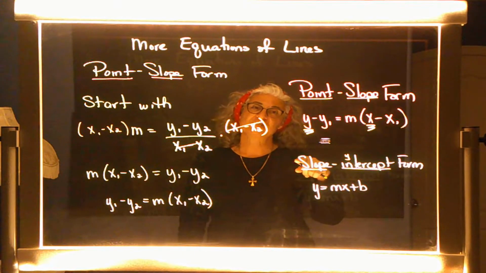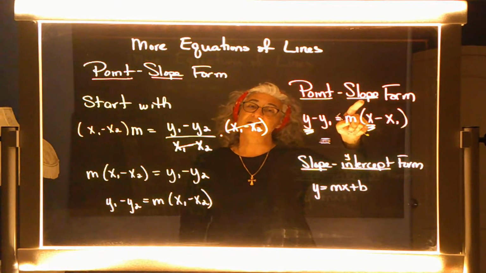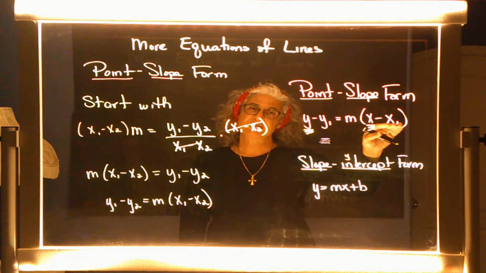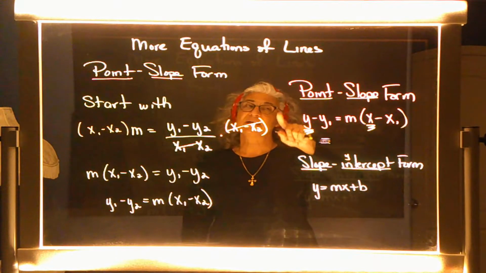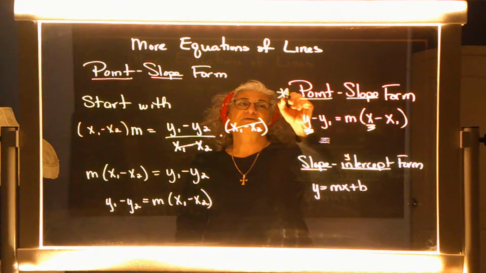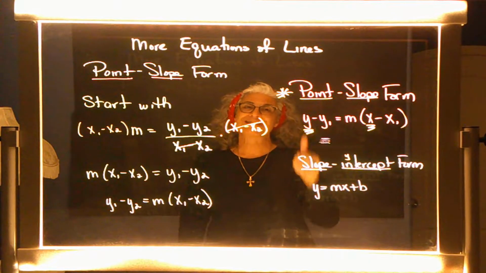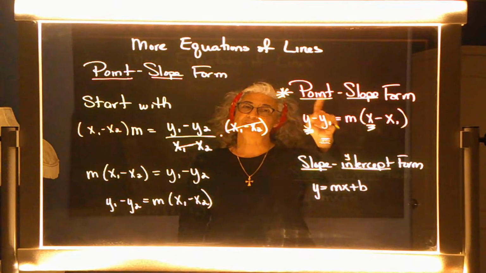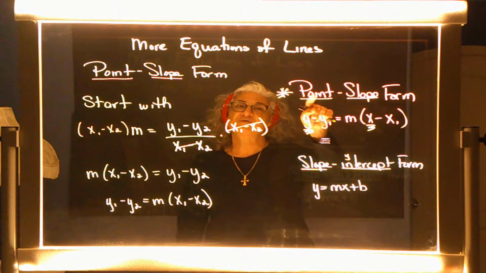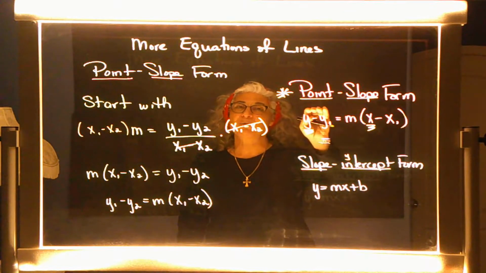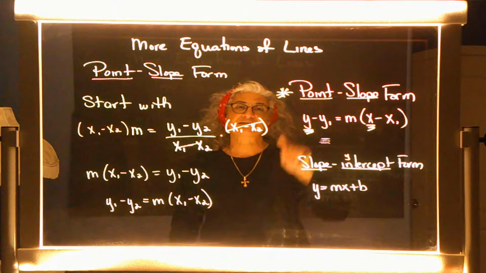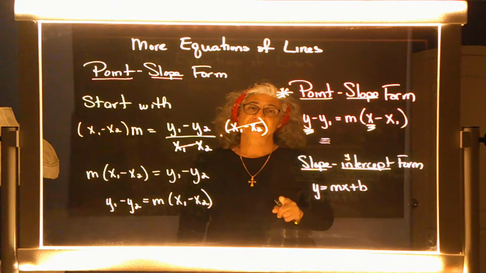If the information they give me is a point and a slope, then I need to use this form. With me? By the way, this form right here, I can use even if the point they give me is the y-intercept. This form works no matter what point they give me. I just need the point, whatever it is, and a slope. Got it?